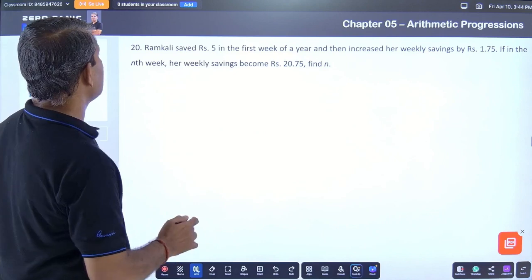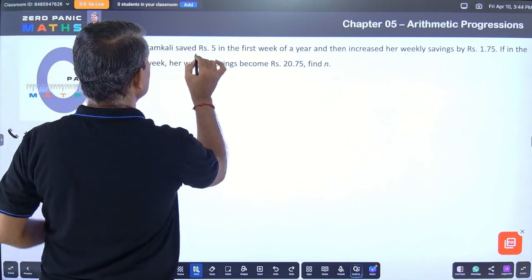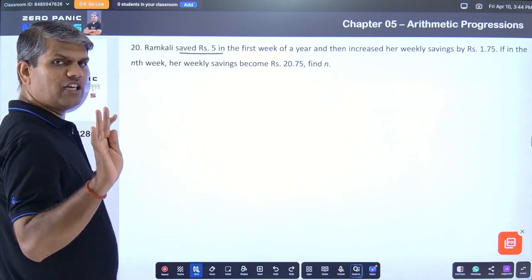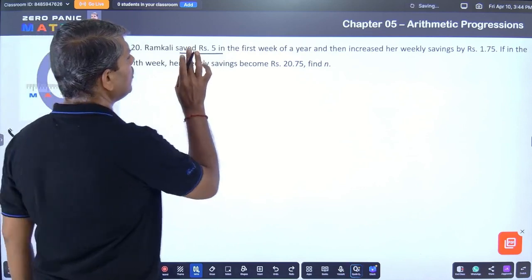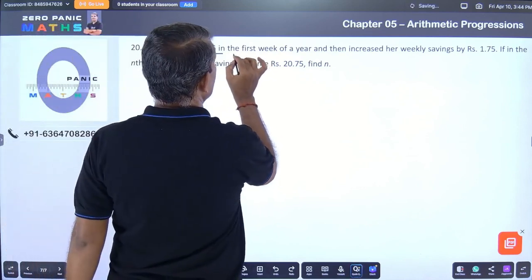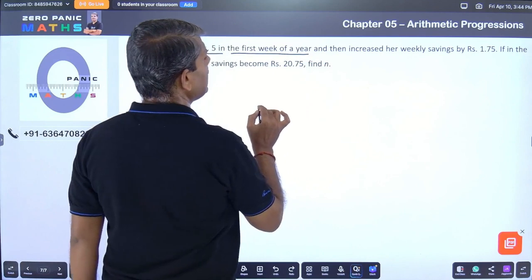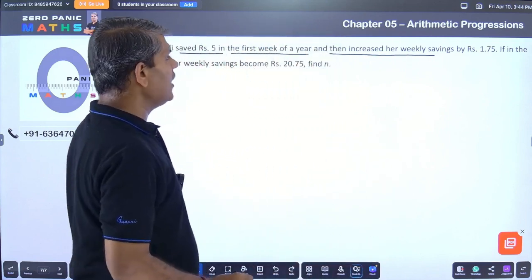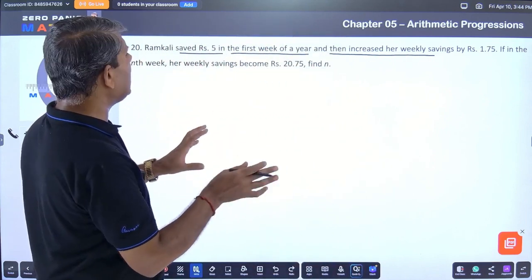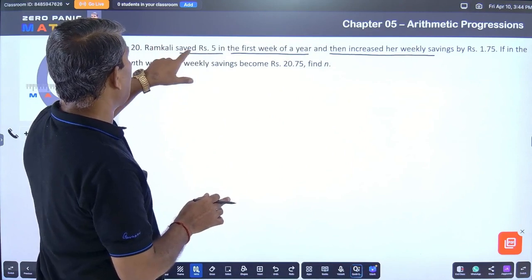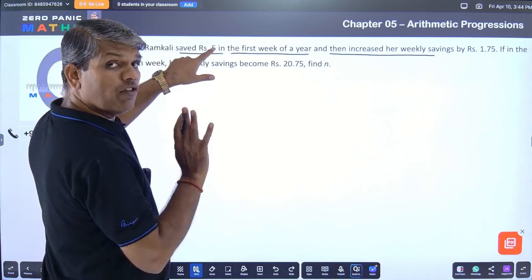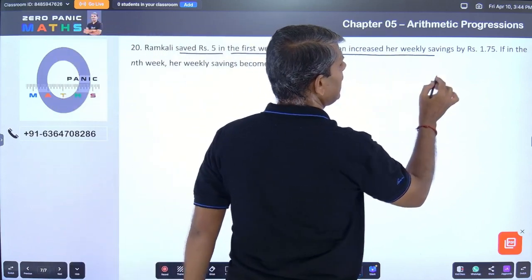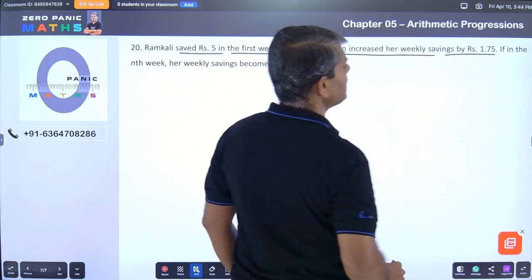So what they are saying in this problem is Ramkali saved rupees 5. So they started with initial value a is equal to 5 in the first week of a year, and then increased her weekly savings. In the next week she increased the savings by 1.75 rupees.